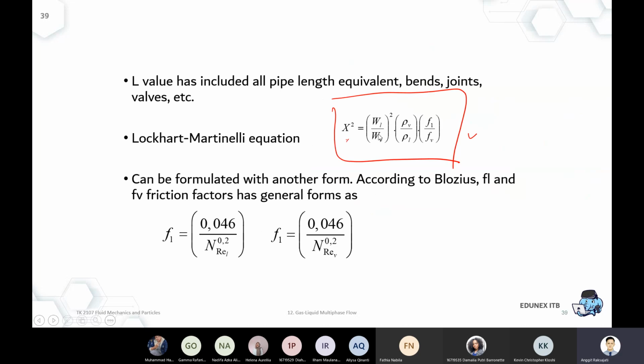If you already know the numbers of W, of rho, of F, then you can directly use this part to calculate the X square. Alternatively, if you don't like to use the Fanning chart to get the F, the option is to substitute the F using an empirical equation. That's another alternative if you don't want to deal with the Fanning chart.